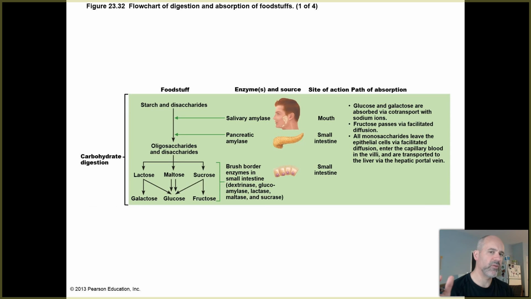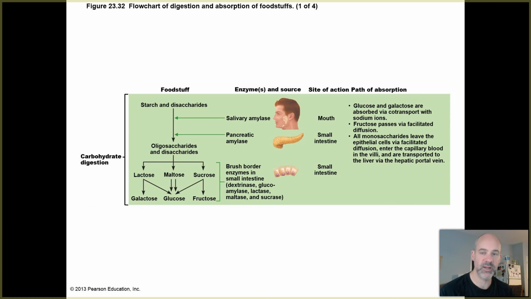I do want to take a brief timeout. A lot of times students, and I think it's because they hear the most about enzymes in A&P when you're covering digestion, get in their minds that enzymes only break things down, and that's not true.